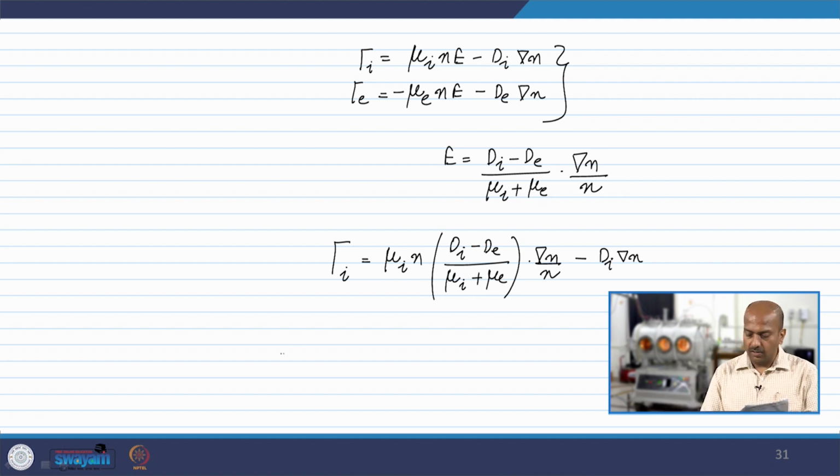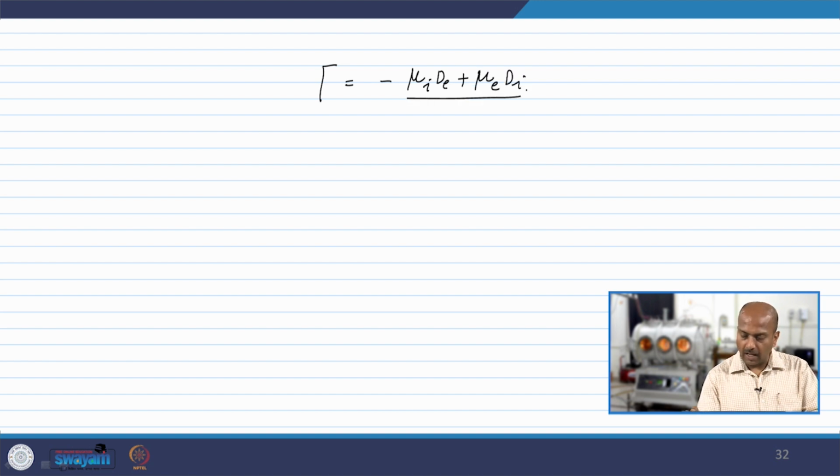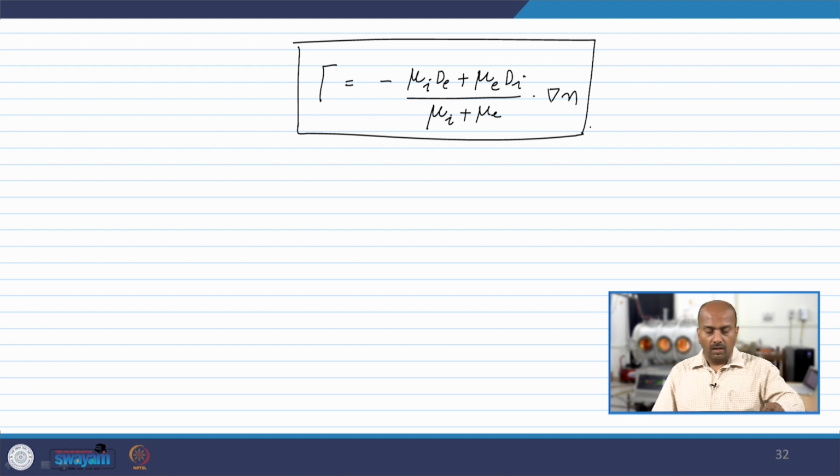So, slightly arranging the terms, ΓI is μI DI minus μI De, and cancelling out all the terms, Γ is minus (μI De + μe DI) divided by (μI + μe) times ∇n. What is this? This is the flux, right.